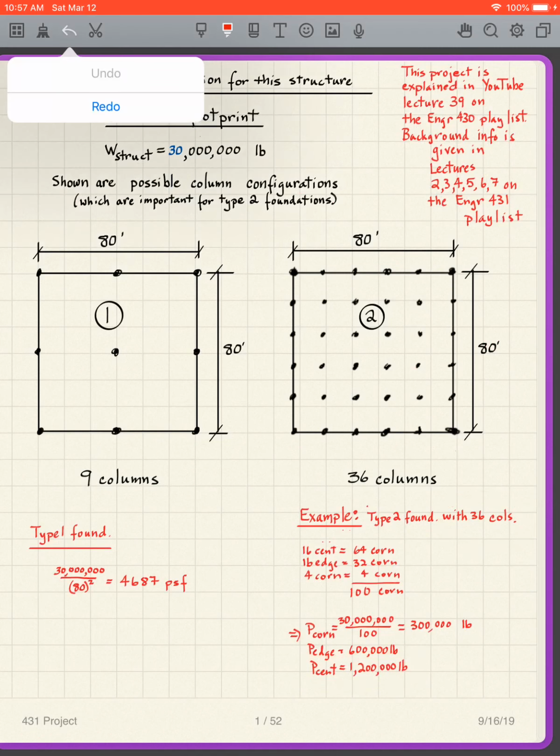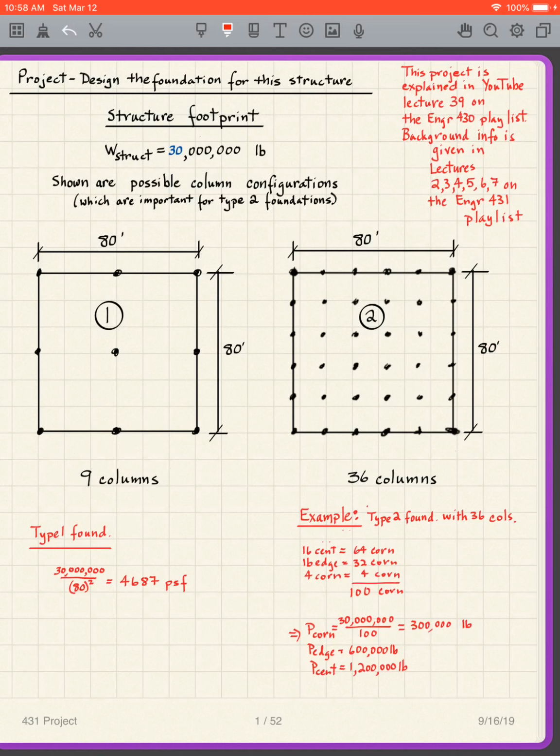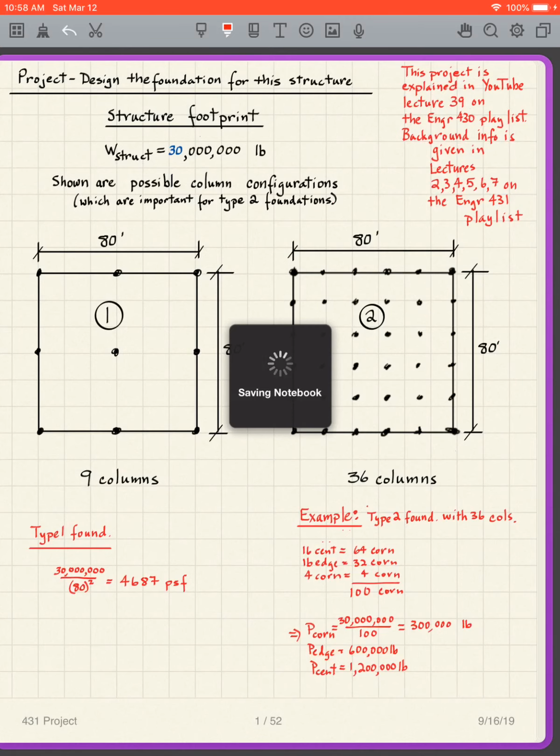For the case with 9 columns, you're going to come up with a different number here. But for 36 columns, the center column load is 1,200,000 pounds.